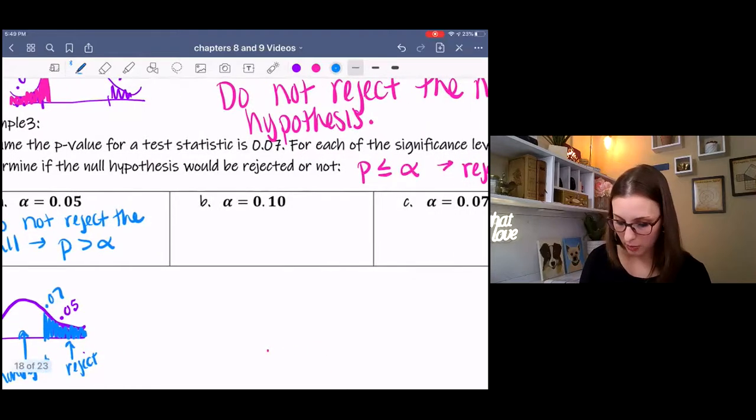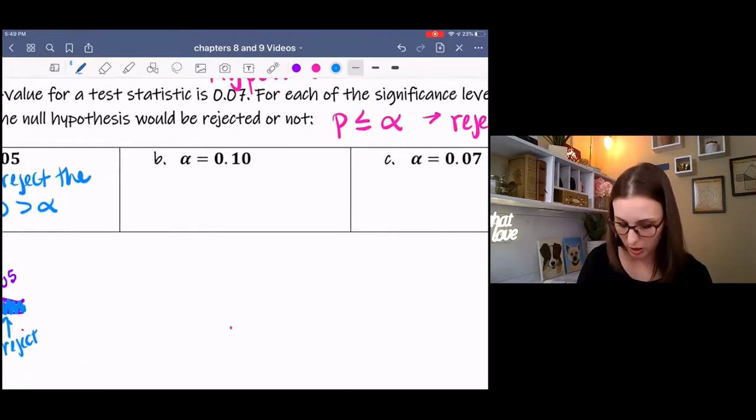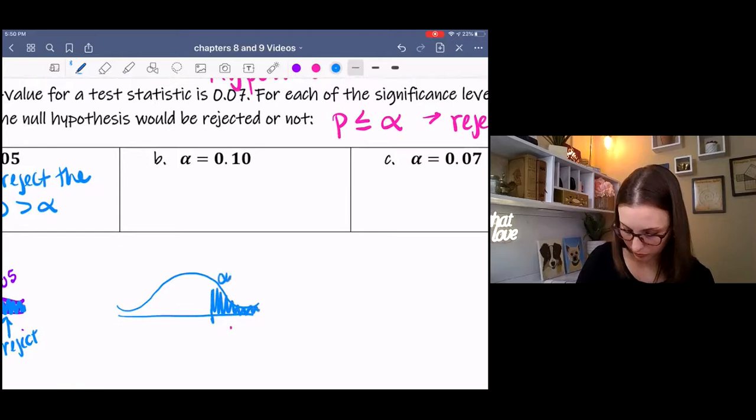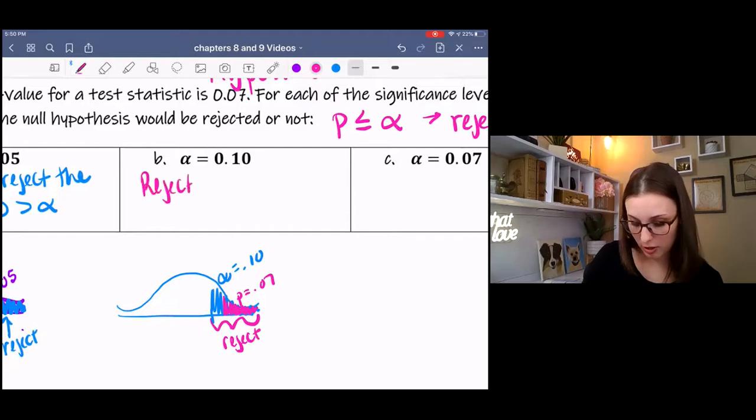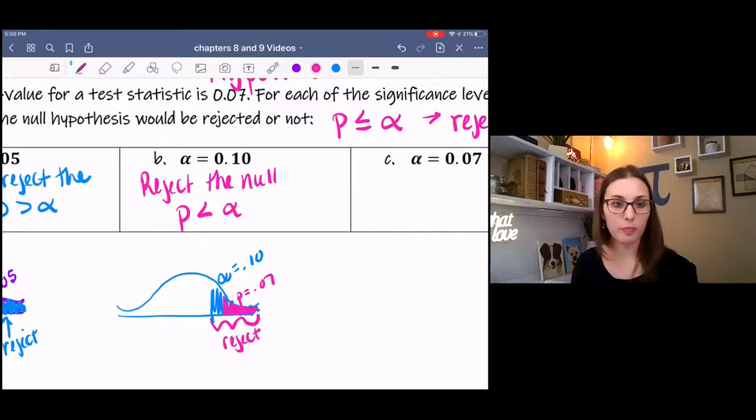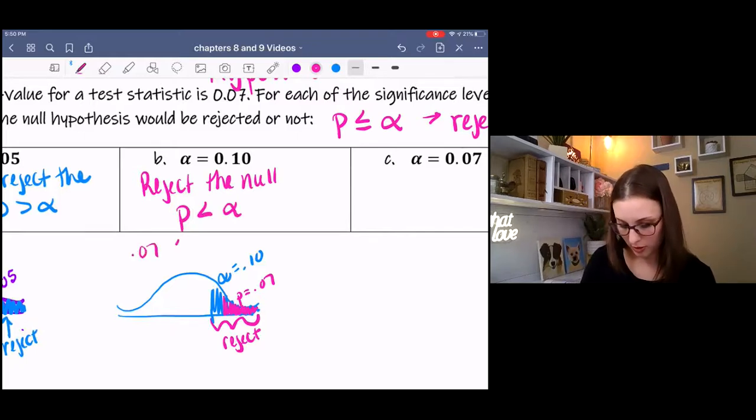What about at a 0.10 alpha level, a 10%? So 90% confidence interval. Got our curve. We've got 0.10. 0.07 is smaller, so it is firmly in our rejection region. So we reject the null because p is less than alpha. 0.07 is less than 0.10.